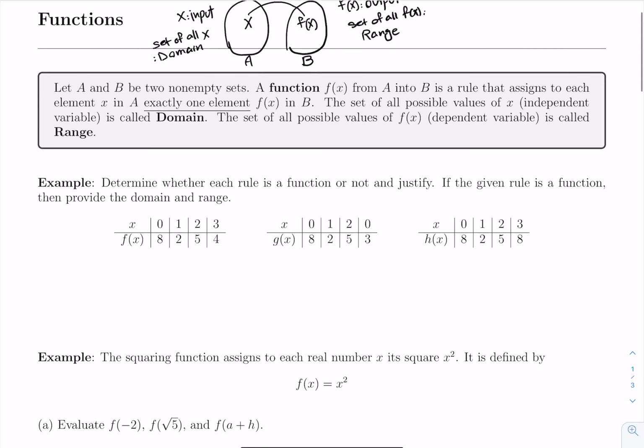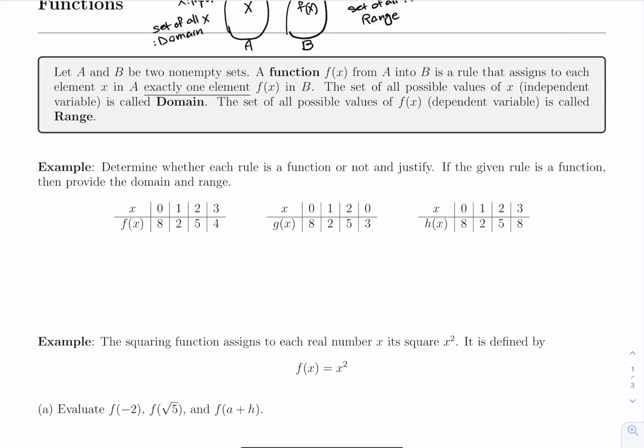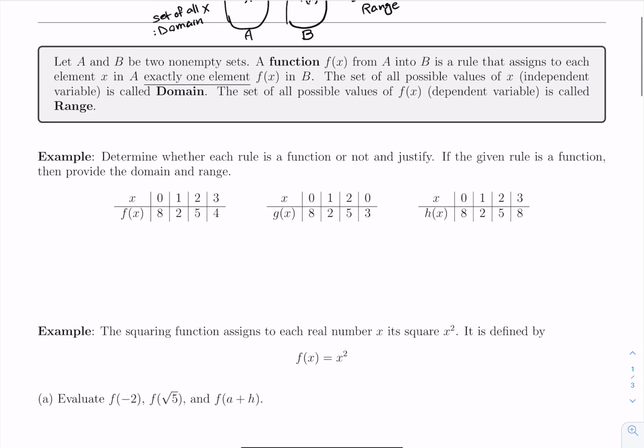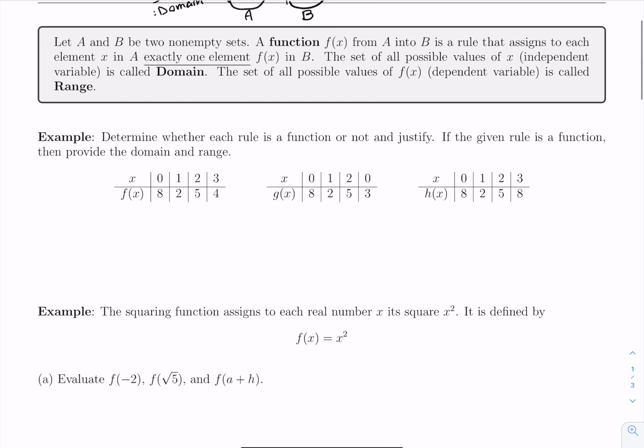In the first example, we will look at a few different rules and we will decide whether each rule is a function or not. If it is, we will also find the domain and range for the function. Starting with the first table, we can see that 0 is assigned to 8, 1 is assigned to 2, 2 assigned to 5, and 3 assigned to 4.